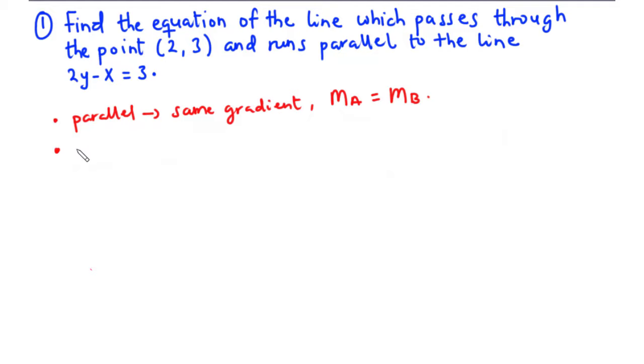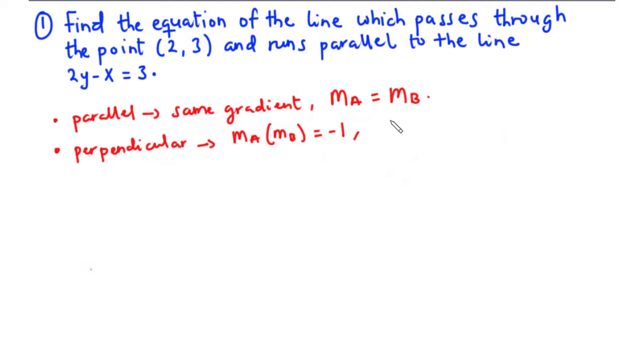We also said that two lines are said to be perpendicular if the gradient of line A times the gradient of line B gives -1.